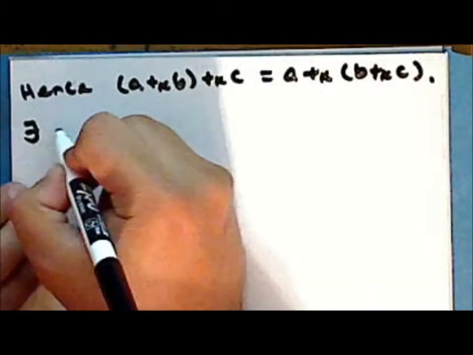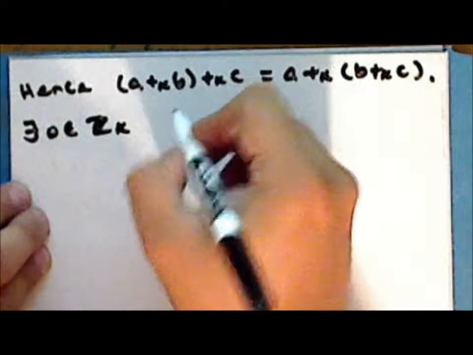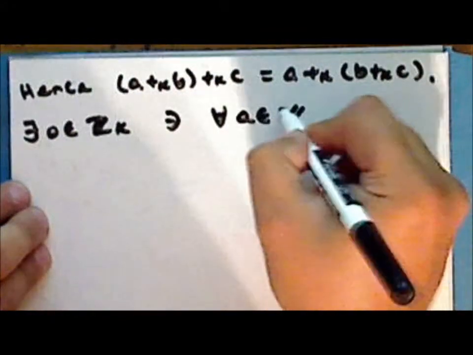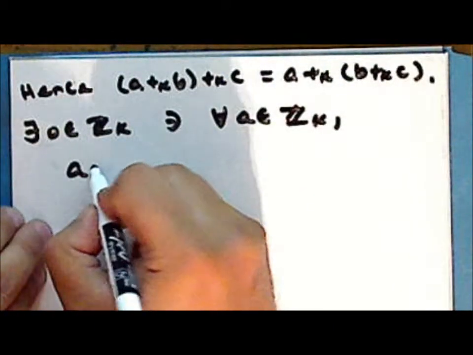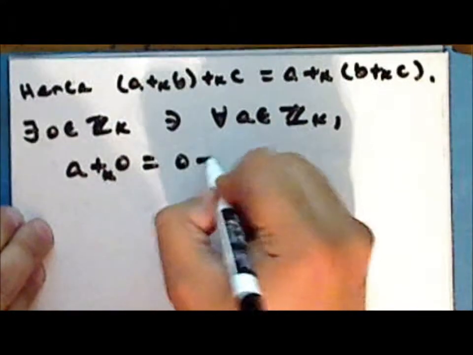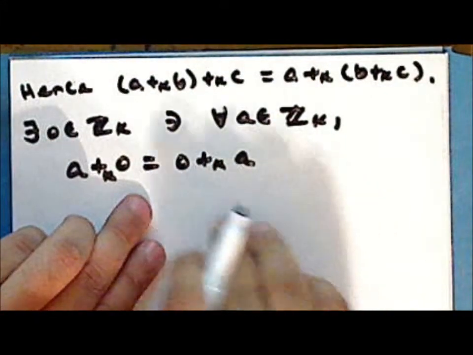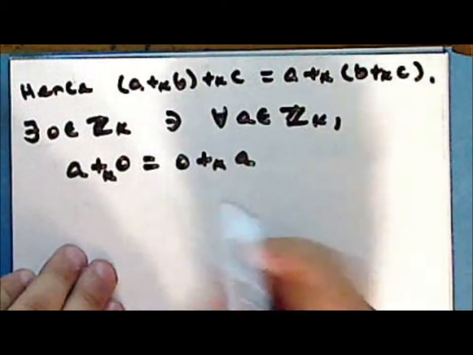Now there exists the number 0 in the set of integers modulo k, such that for every element a in the set of integers modulo k, we have that a plus 0 modulo k is the same as 0 plus a modulo k, and this is true as we have demonstrated that addition modulo k is commutative.